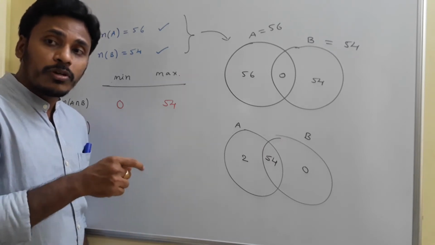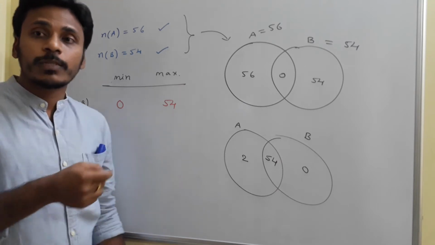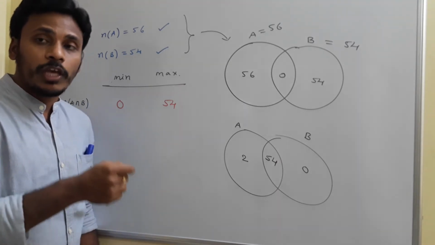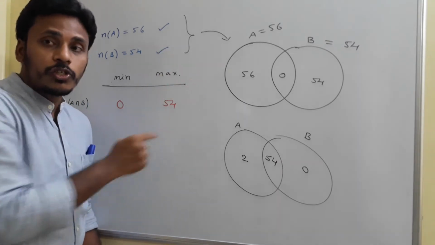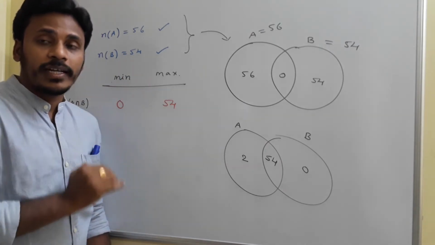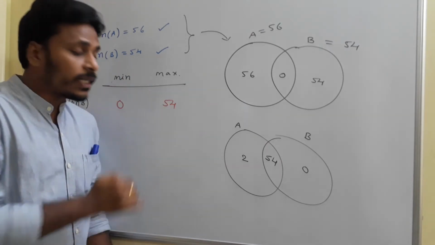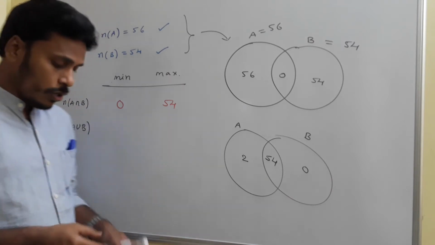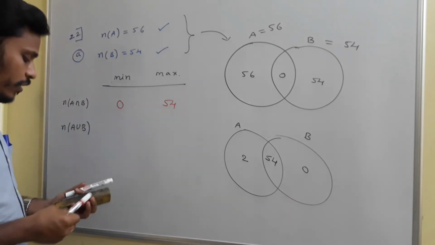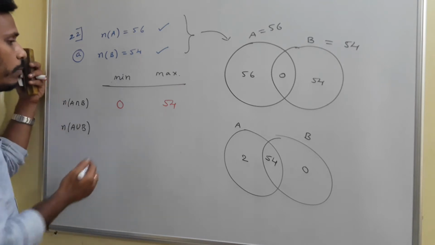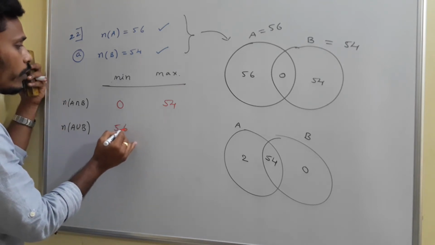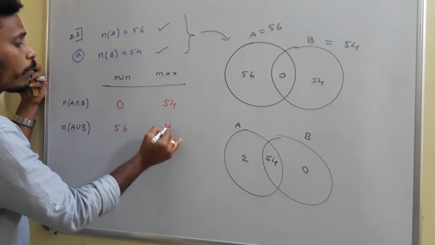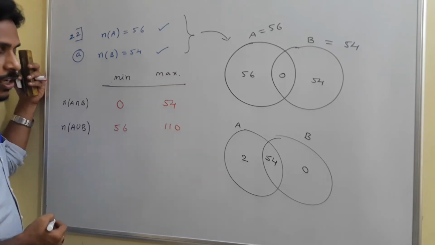The question is about the minimum as well as the maximum possible value of n of A union B. Among these two, one diagram has 110 as n of A union B and the other diagram has 56 as n of A union B. Among these two, the minimum value is 56. So for n of A union B, the minimum possible value is 56 as well as the maximum possible value is 110. Is it clear?